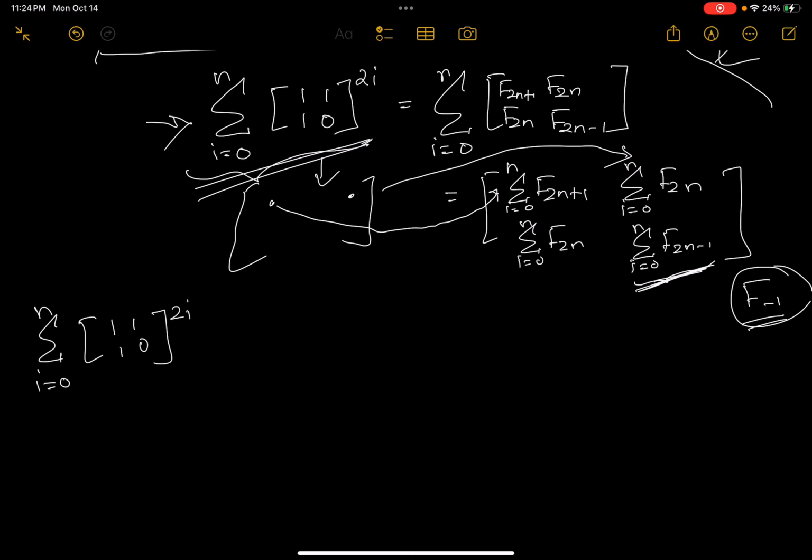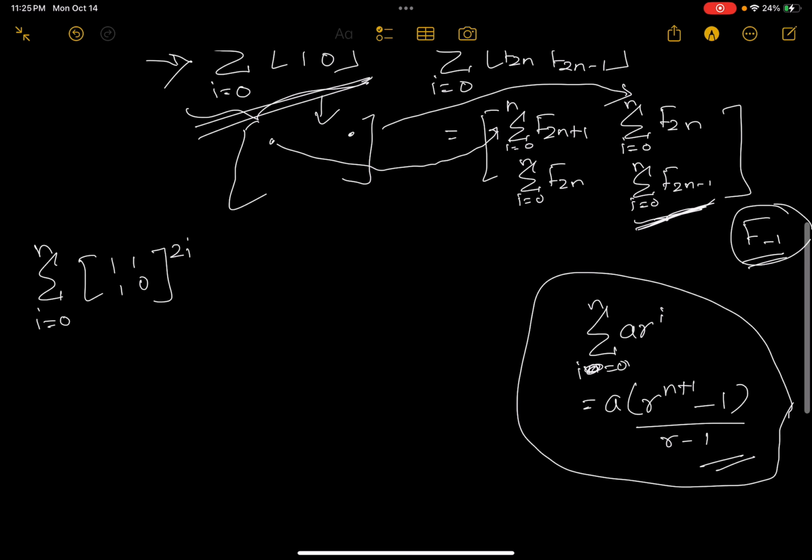We know that in a geometric series, if we have the sum from i equals 0 to n of a times r to the power i (if it went from 1 we would write r to the power i minus 1, but since this goes from 0, there's no need for the minus 1), this evaluates to a times (r to the power of the number of terms, which is n plus 1, minus 1) divided by (r minus 1). We'll use the same formula, and yeah, magically that works.